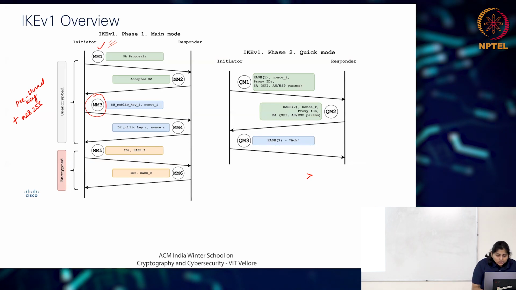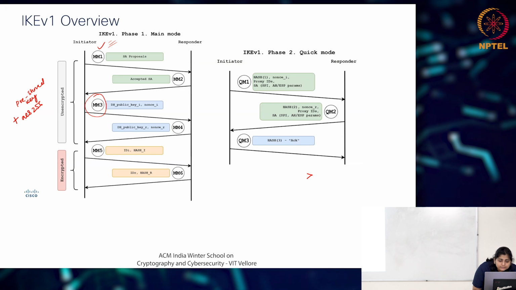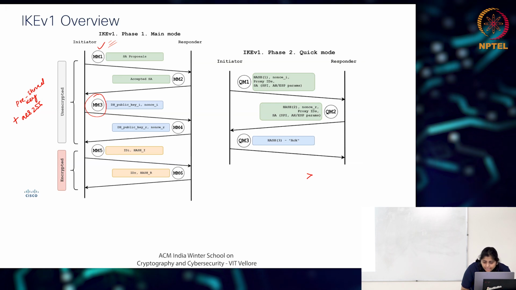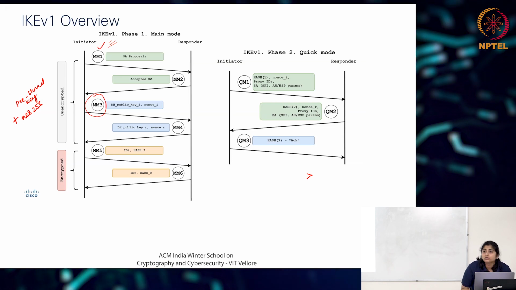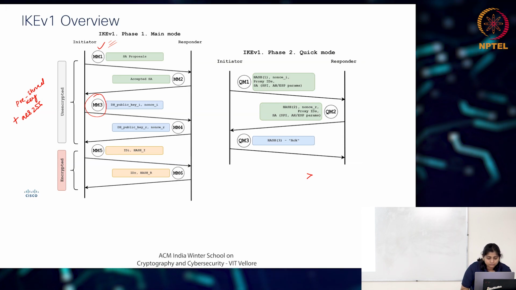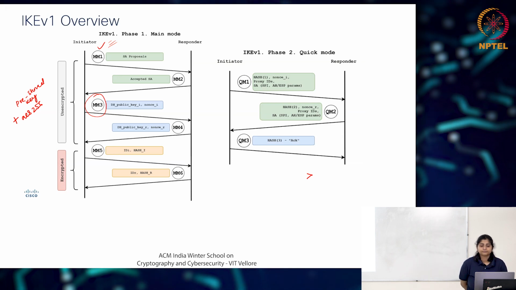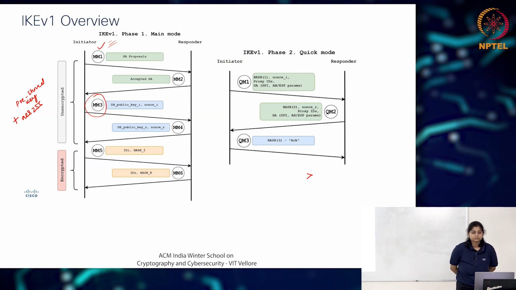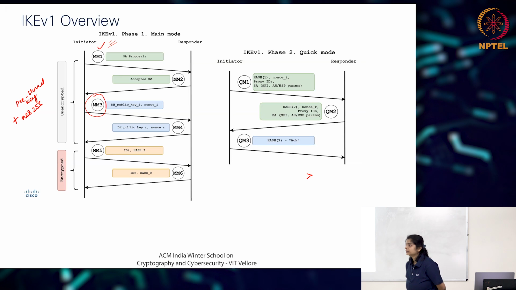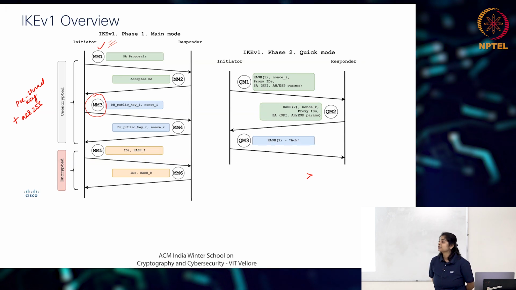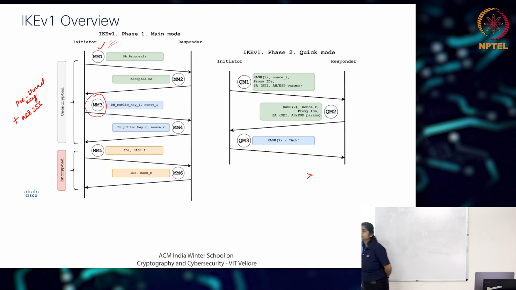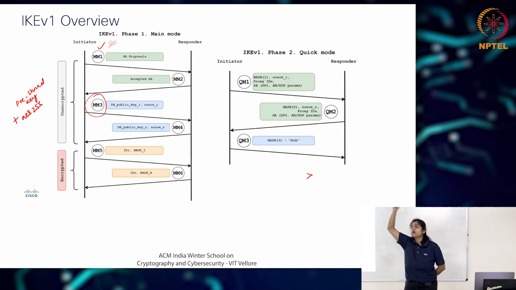Okay, can you tell me which are the proposals that got chosen? Quickly. Which packet would you go to find this? Packet? No, you don't have to go there. So first two, so SA exchange happens between first two packets. It cannot happen out of order.